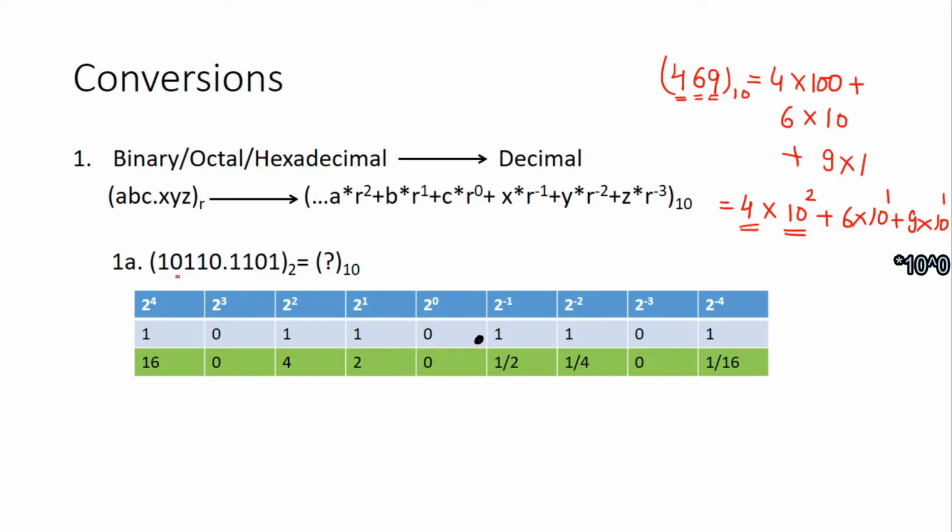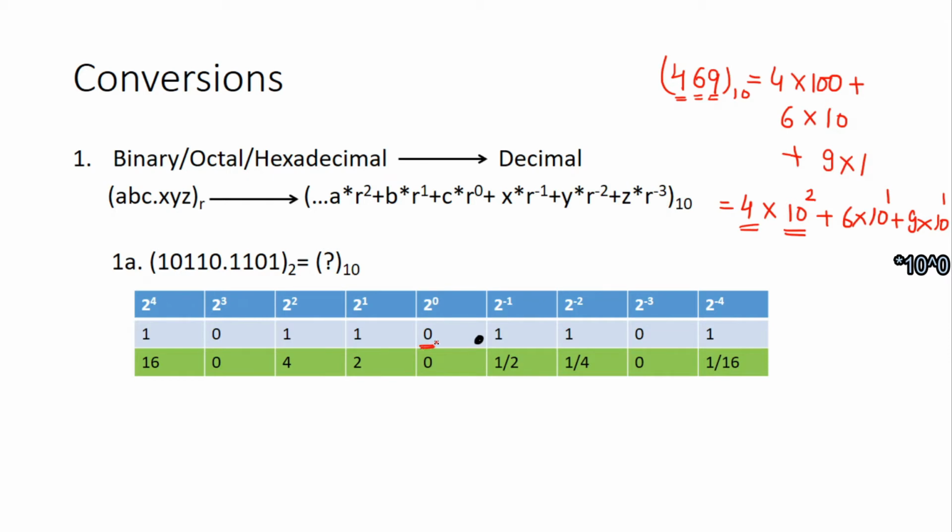Similarly, let's just say we are given a binary number 10110.1101 in binary and we have to convert it into the decimal number system. So we're going to write this number here, 10110.1101. This binary, as the name suggests, has place values in the power of 2.